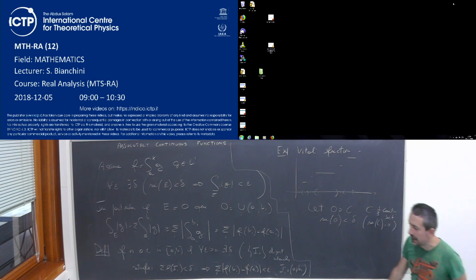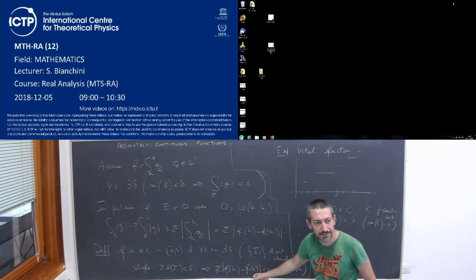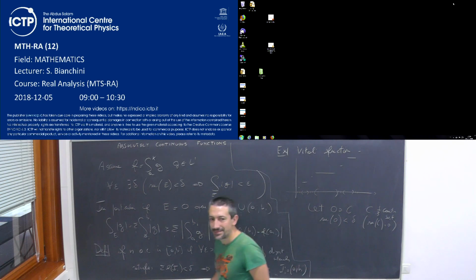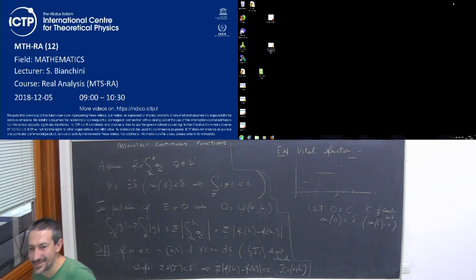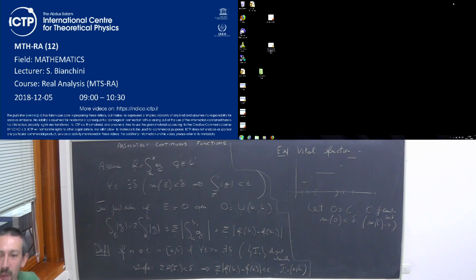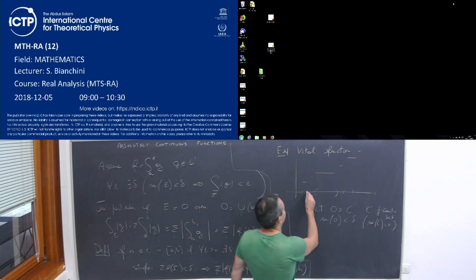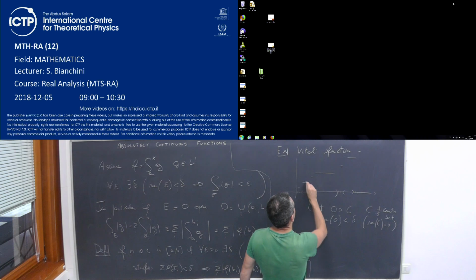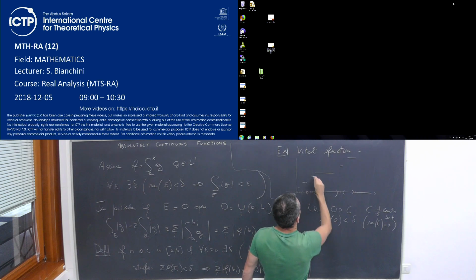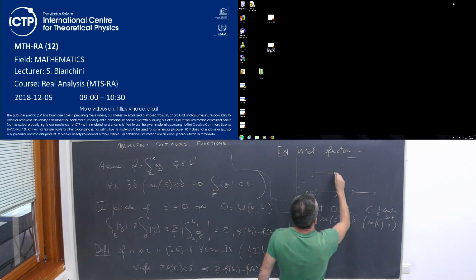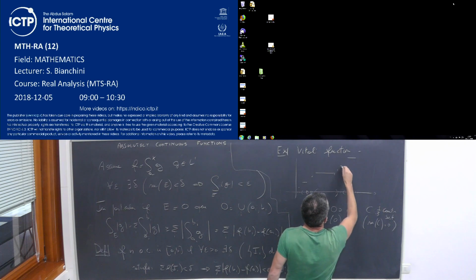What is now the variation there? I state that the variation is 1. Every interval contains at least one Cantor point, or no? It's the difference, plus another difference, plus another difference, plus another difference.